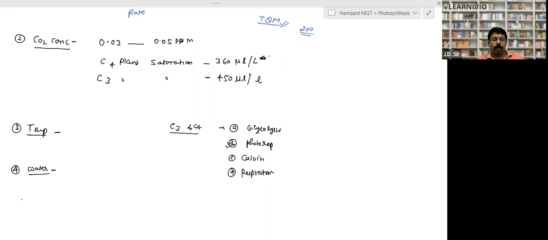Right, the saturation point of carbon dioxide for a C3 plant is 450 microliter per liter. Beyond that, the rate of photosynthesis does not increase.